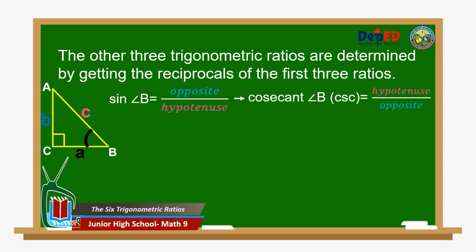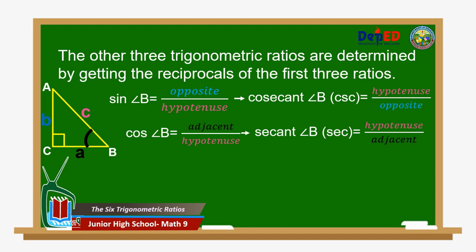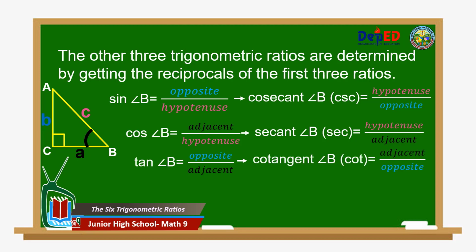So as you can see, the numerator for sine, opposite, is the denominator of cosecant. Next is cosine. Its reciprocal is secant. And the third one, tangent. Its reciprocal is what we call the cotangent.